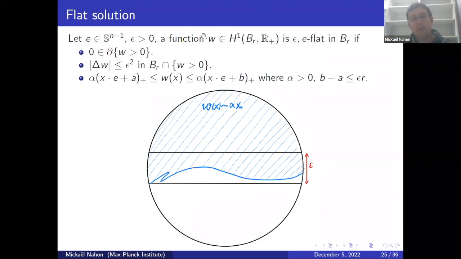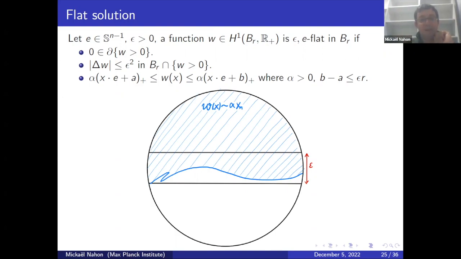And basically, for a function W, we say that it's epsilon flat in the direction E in the ball of radius R when the first condition is just to say that in the middle of your ball you have a point of the boundary. The second condition is just to say that your function is almost harmonic on its support, so it's either 0 or something almost harmonic.